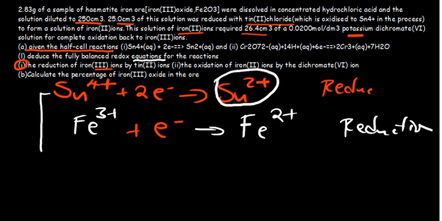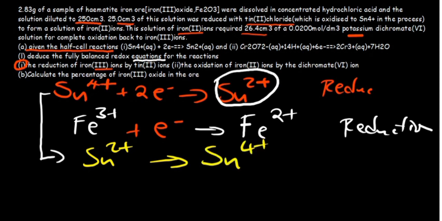If we reverse it, we're going to have tin 2 plus giving us tin 4 plus and 2 electrons. In the actual sense, tin was being oxidized. We just reverse the given equation so that it matches the statement, which is very clear: the reduction of iron 3 ions by tin 2 ions.